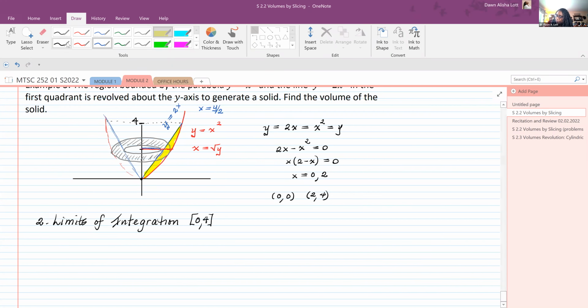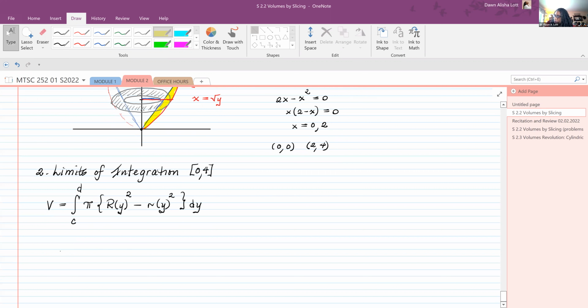goes there. So the volume equals the integral from c to d of pi times big R of y squared minus little r of y squared dy. So that is the integral from 0 to 4 of pi.